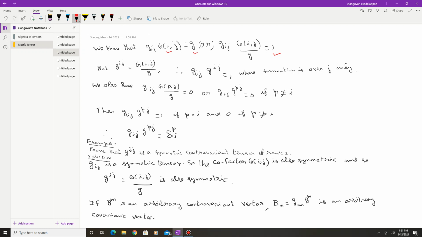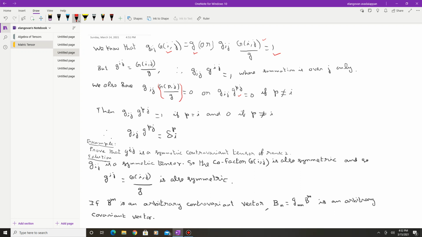But what is this? G_ij divided by g is the cofactor divided by the determinant. So this expression can be replaced by g^pj.